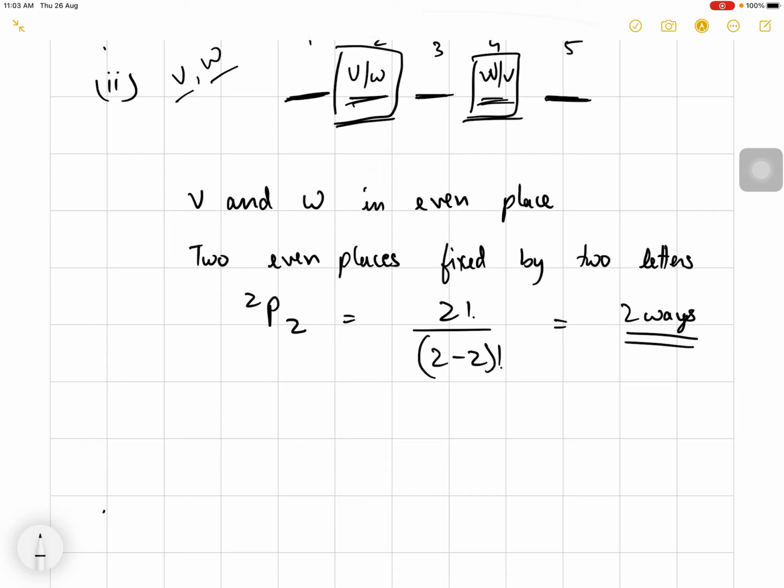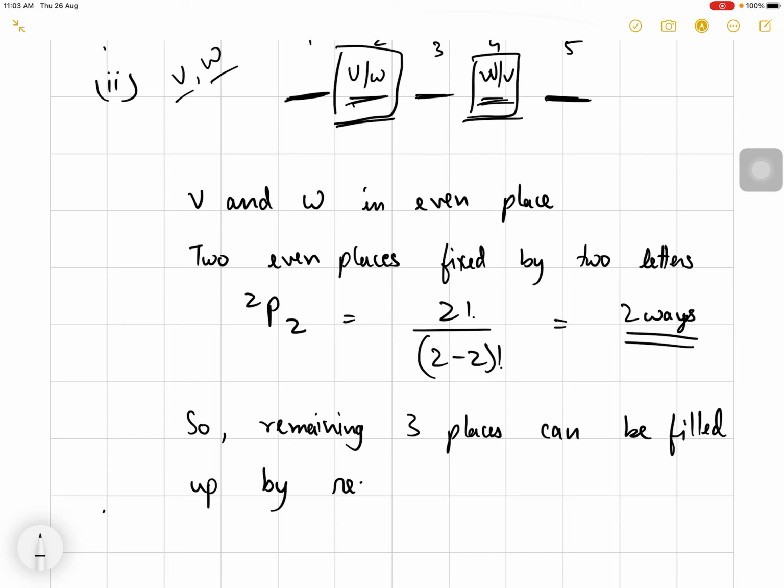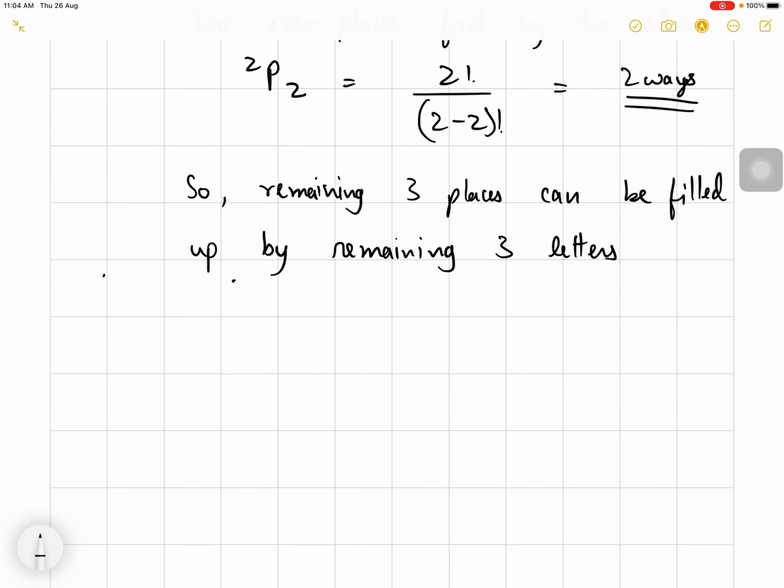Okay. So remaining 3 places can be filled up by remaining 3 letters. So for that it would be 3P3. 3 places and 3 letters.